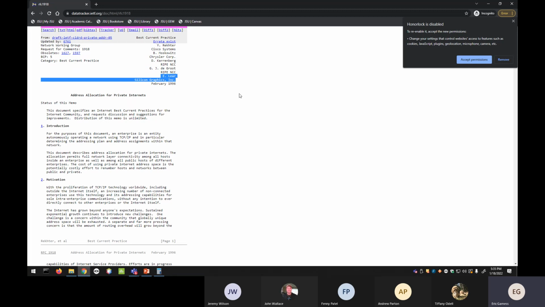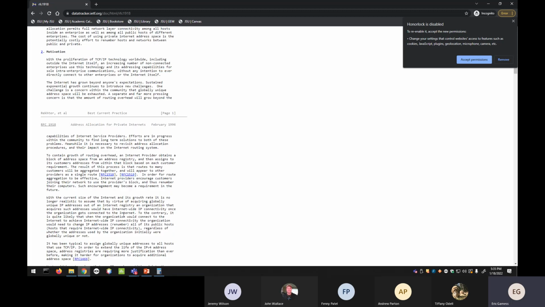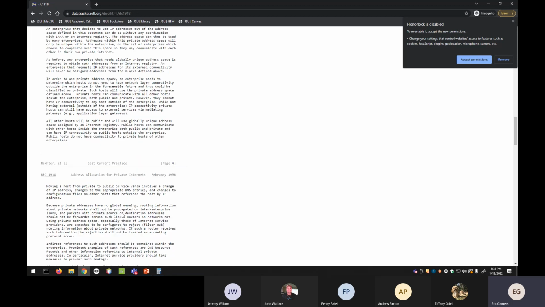Silicon Graphics was a company that was making very good workstations, but it is dead now. It does not exist anymore, unfortunately. So this is an RFC. An RFC has a number, the author, the date that it was approved as a standard, and what it is about. Okay, so here you can read it.